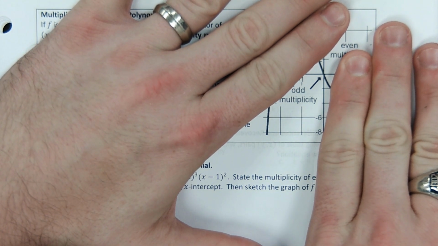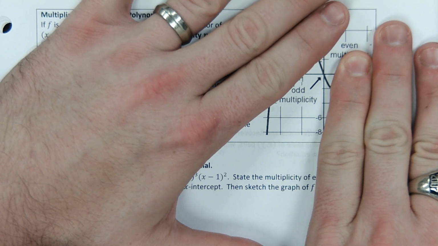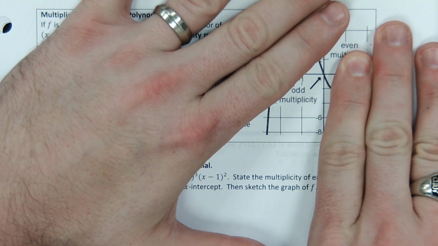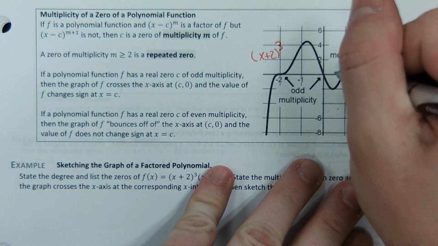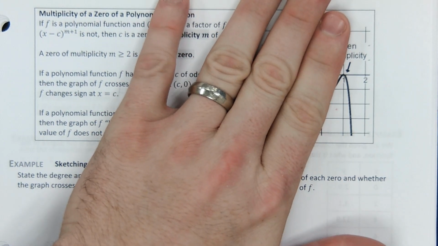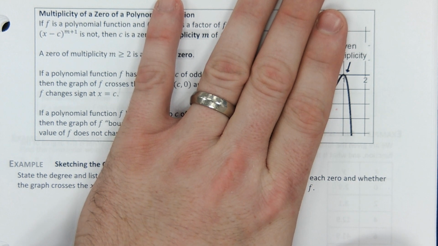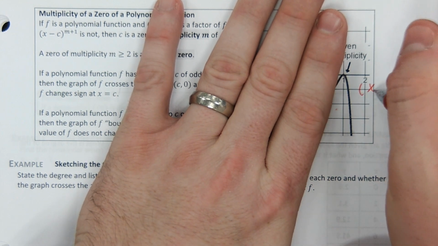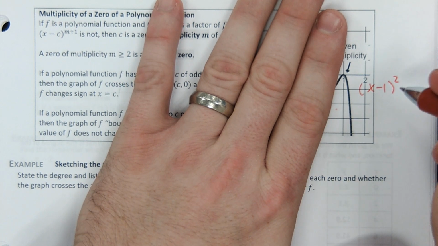Because it behaves like a straight line and goes directly through without getting fancy, then this root, x, has a power of 1. And because this last one behaved like a quadratic at its solution, its root would have had a quadratic power on it.